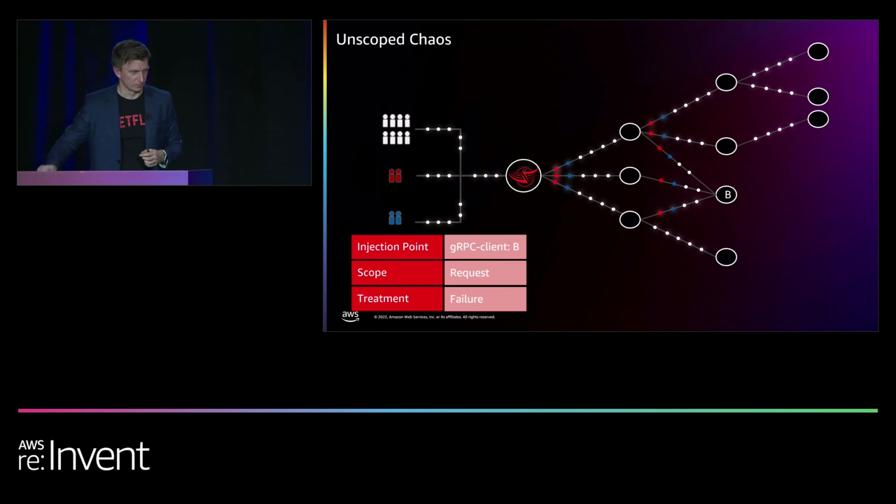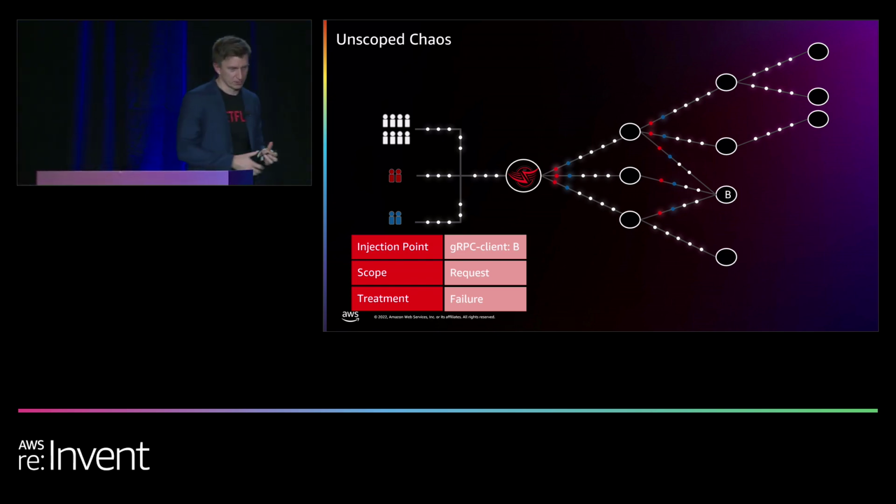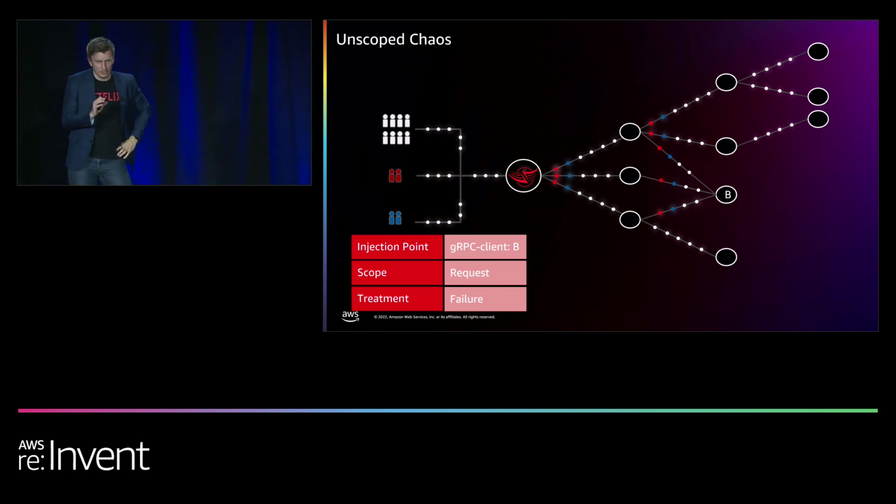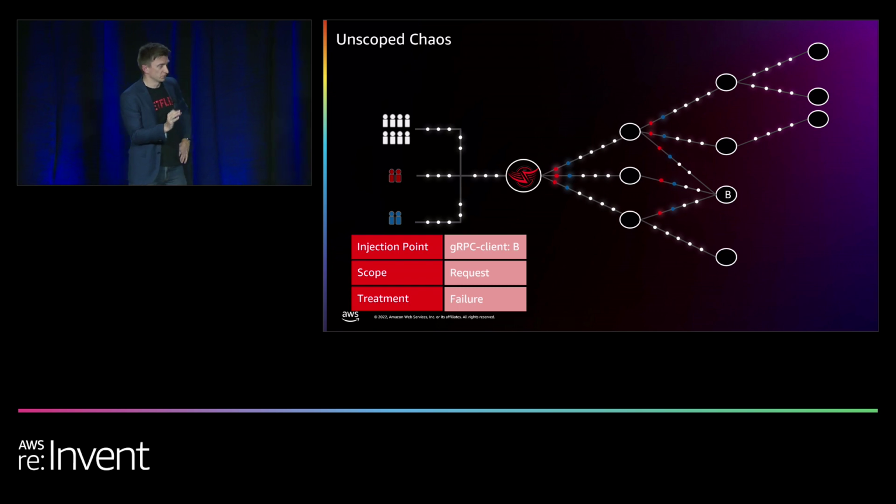And then we have the unscoped chaos. This is an interesting application of an unscoped experiment where we are actually not scoping the failures or the experimentation to any particular cluster. So we are still assigning member devices to the population, to the experiment.